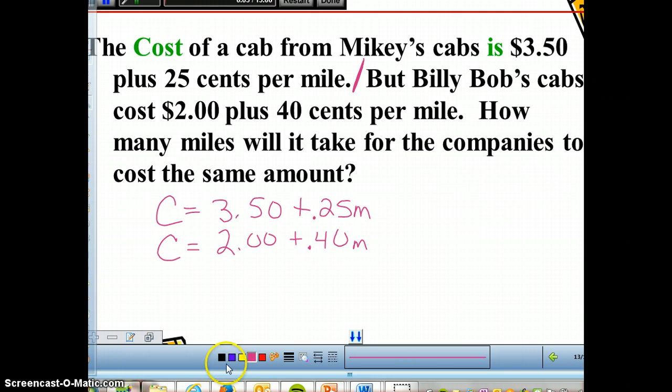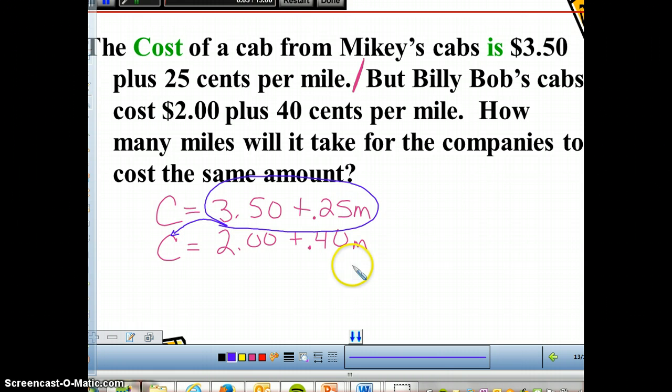Okay, and there you got two equations, two variables. You should be able to use substitution or elimination. So give me your prediction. What would you use, substitution or elimination? And you should use substitution, because C equals 3.50 plus 0.25 m. I'm going to stick it right there.